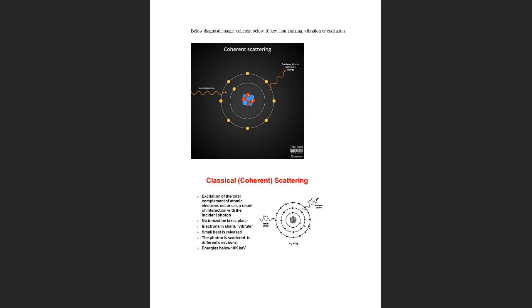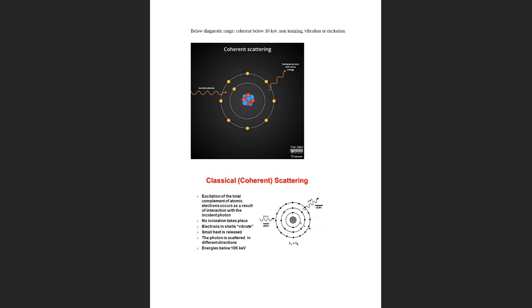And the only one you have to know is coherent. And coherent occurs below 10 keV, so very, very low. That's why it's insignificant to us in diagnostic imaging. It is non-ionizing, which is very different than photoelectric, which are both ionizing.